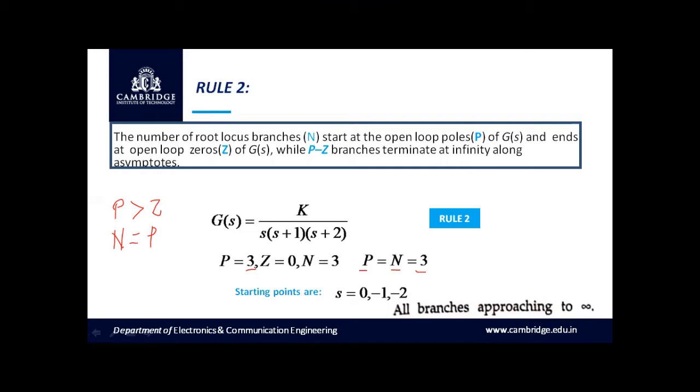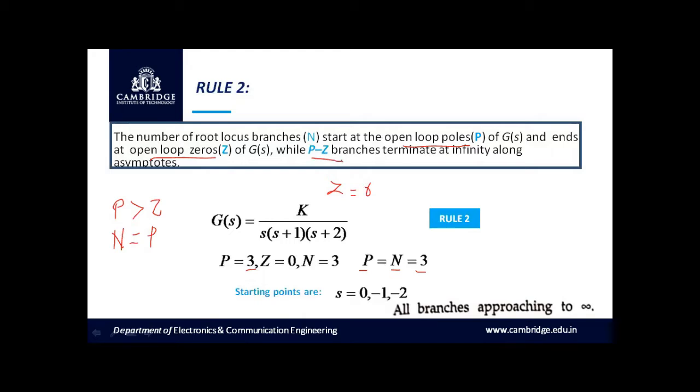And let us recall the statement for rule 2. The number of root locus branches n starts from open loop poles p and ends at open loop zeros z. In this case, as z is equal to 0, we don't have any zero to end up. So let us continue reading the statement.